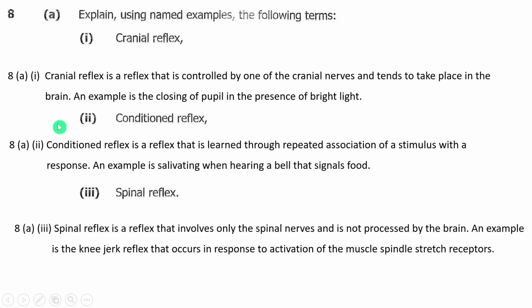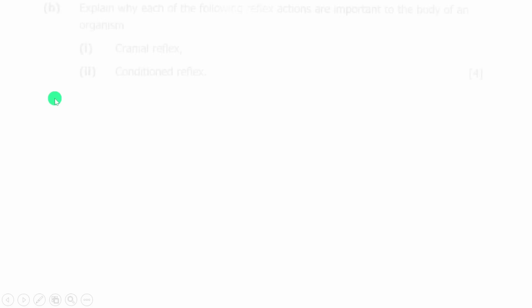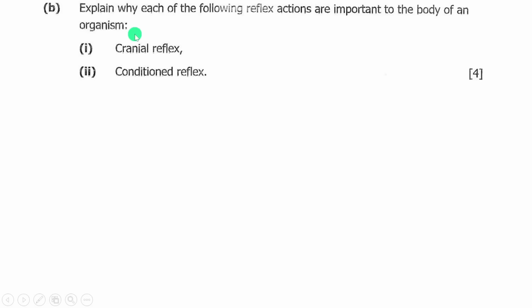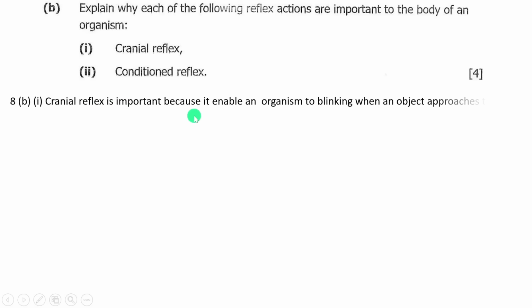Okay. Then next we move to the part B, which says explain why each of the following reflex actions are important to the body of an organism, like part one cranial reflex, part two conditioned reflex. So we are going to say cranial reflex is important because it enables an organism to blink.